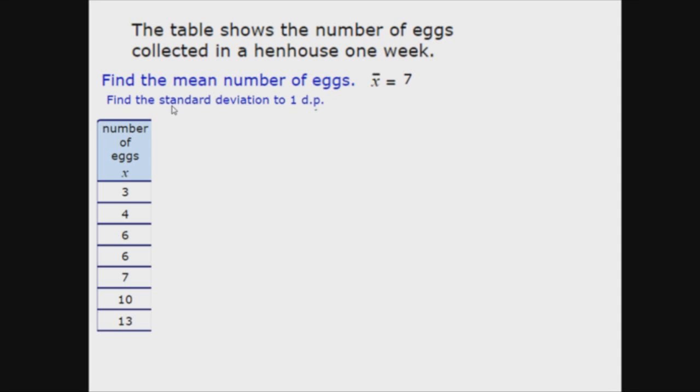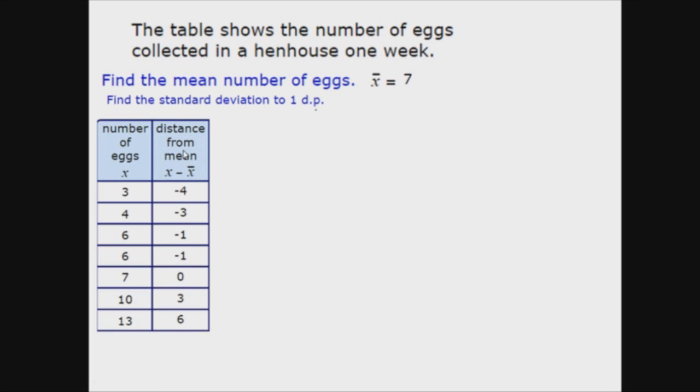And now it tells us to calculate the standard deviation. So you use the mean, you manipulate it to calculate the standard deviation, and I'll tell you how to do it. So that means you have to calculate the distance from all the values here from the mean.